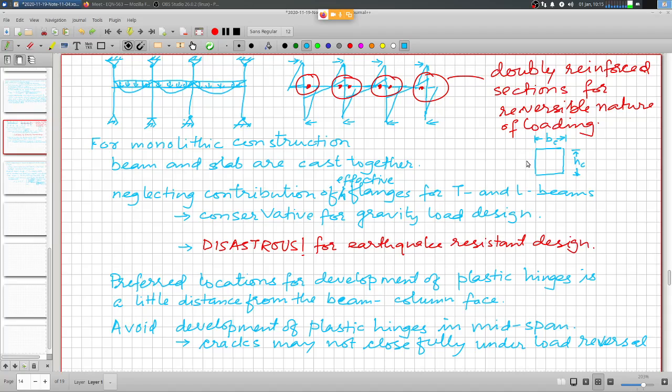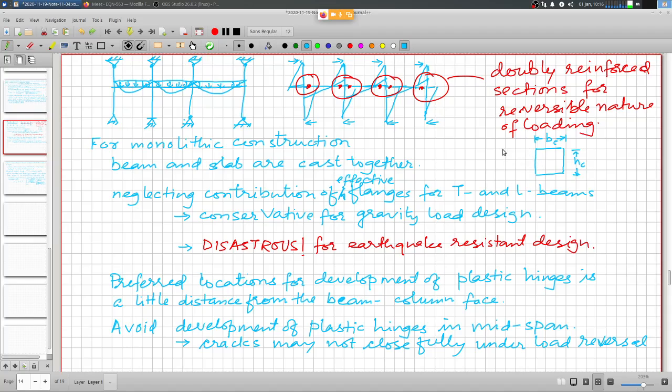Now the beam should ideally be of the same size, it should merge seamlessly into the column. Then obviously there is no problem with reinforcement continuing through the beam column junction and continuing across to the other end, right?